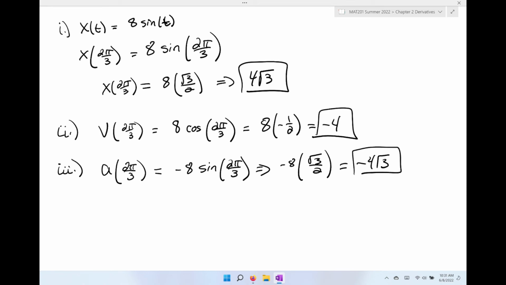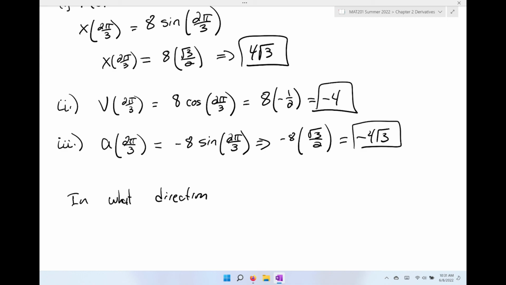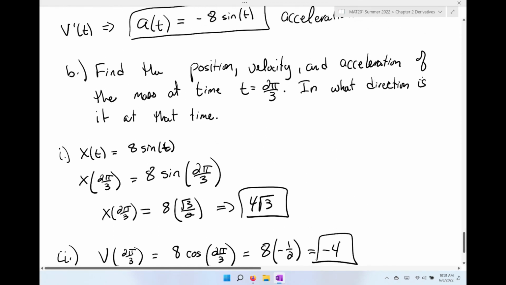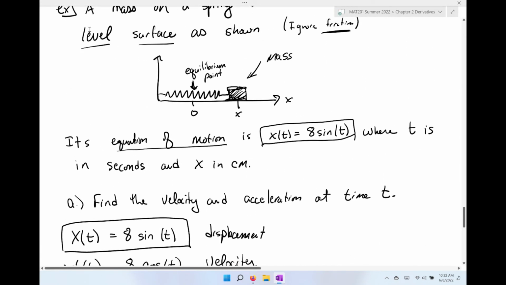And the last part of the question is, in what direction is it moving? Well, if we go back up here to our graph, my little picture that I drew, I'm going to copy and paste this real quick.